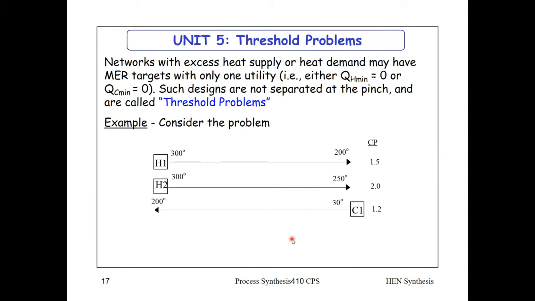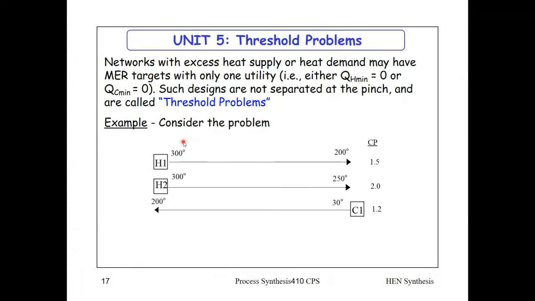That makes sense. Okay. Right, so let's have a look at this. Threshold problems. Networks with excess heat supply or heat demand may have MER targets with only one utility. So in other words, you might not need to have steam, or you might not need to have cooling. Such designs are not separated at the pinch, and they are called threshold problems.